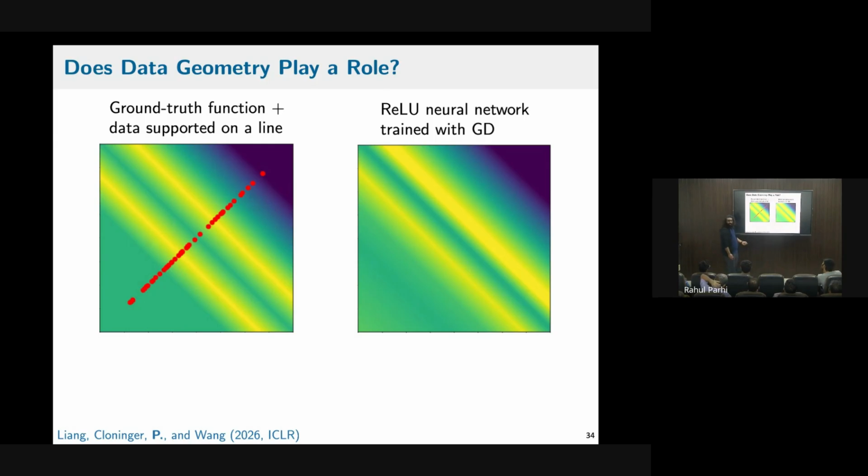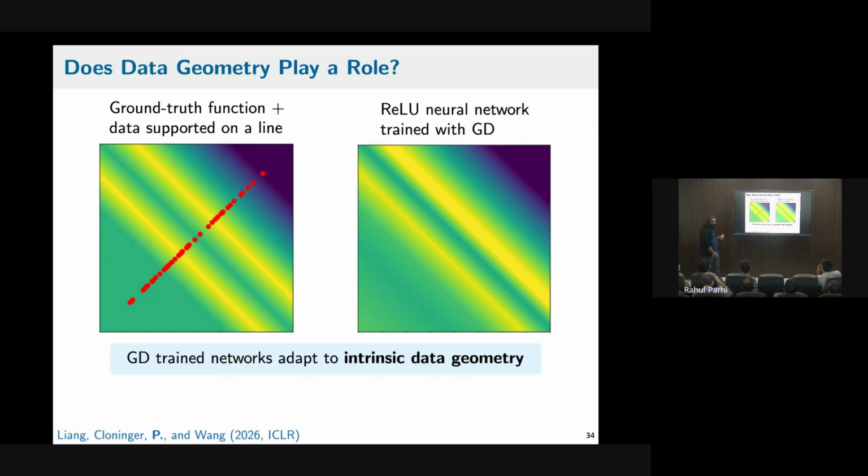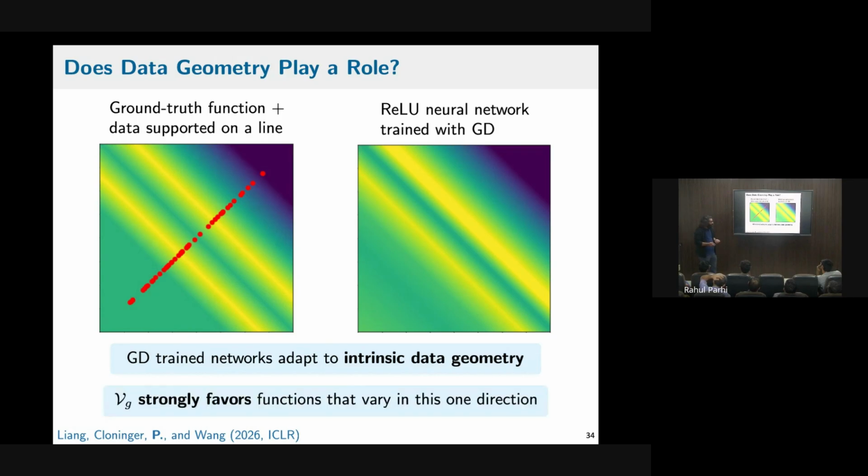If I train my neural network with gradient descent, I actually end up picking up on the low dimensional structure that was implicit in my data or in the function that generated the data. So what we're seeing from this small empirical experiment is that gradient descent trained neural networks are adapting to the intrinsic data geometry of the problem.